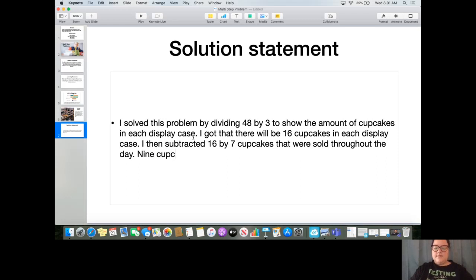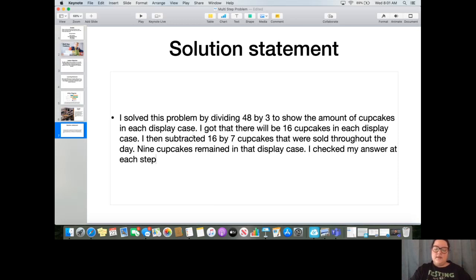Nine cupcakes remained in that display case. I checked my answer at each step to make sure that my solution was correct.